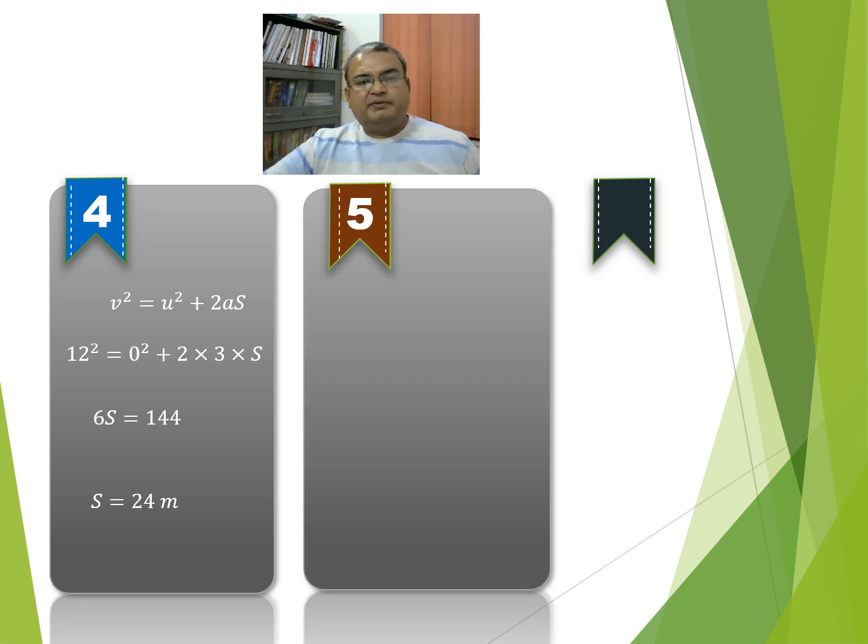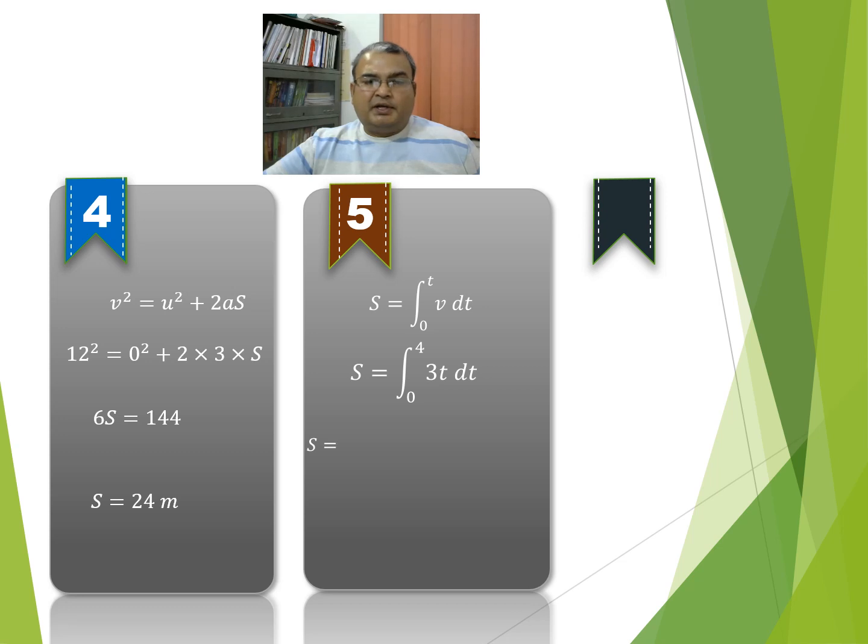Next one, distance can also be given by the integration 0 to t of vdt. We can follow this method, the integration. The value of v is given to us. We can substitute it here. s equal to integration 0 to 4, v is 3t because the value of k is 3.